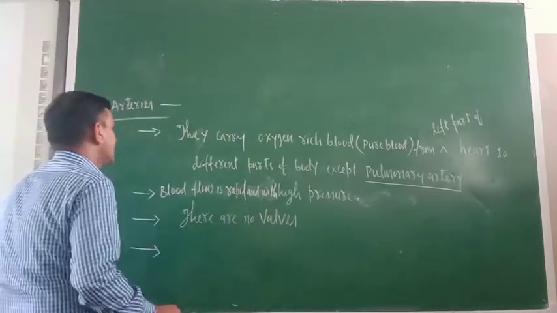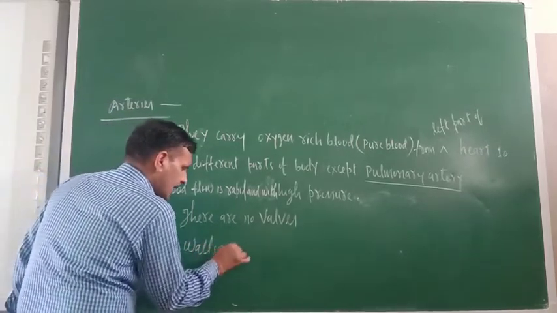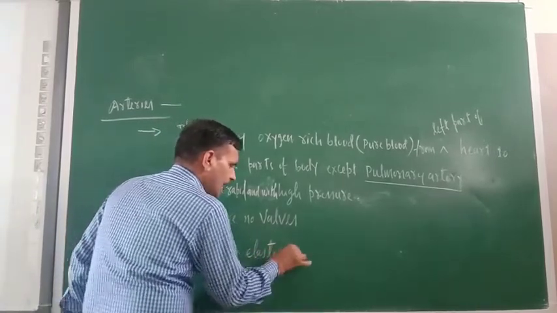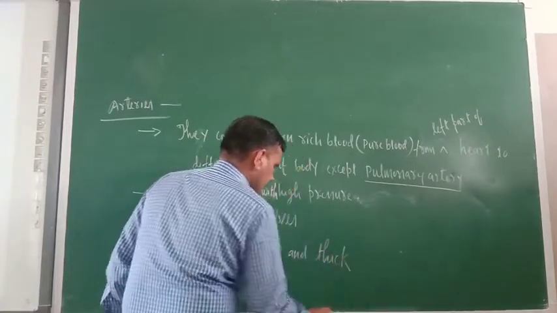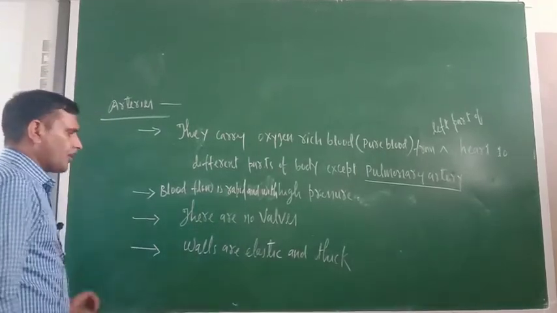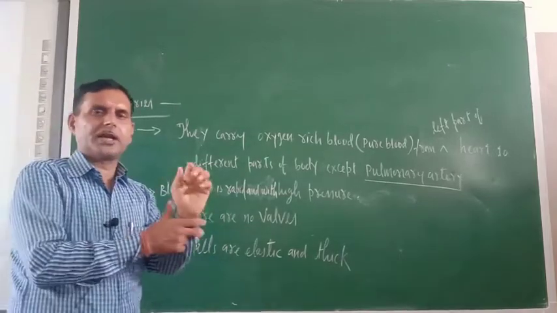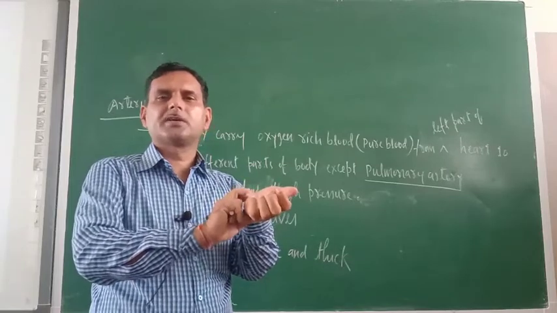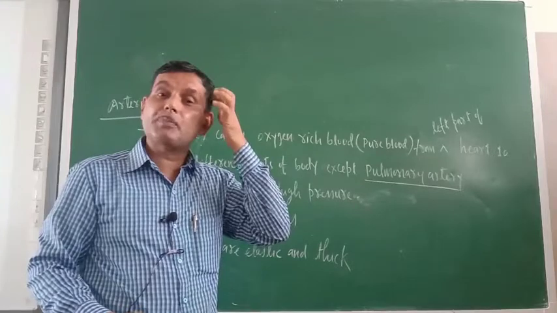The last point is here: walls are elastic and thick. Another important thing about arteries: sometimes doctors hold your wrist to note down the throbbing movement, the pulse, that is known as pulse rate.